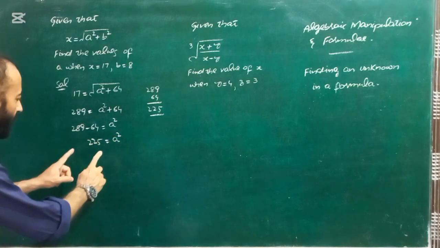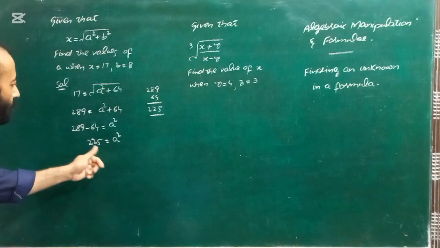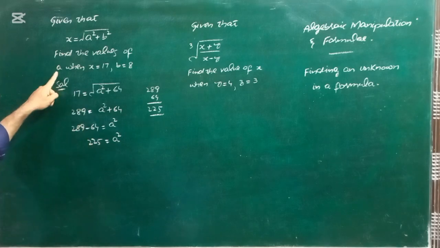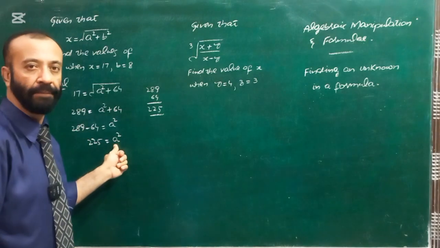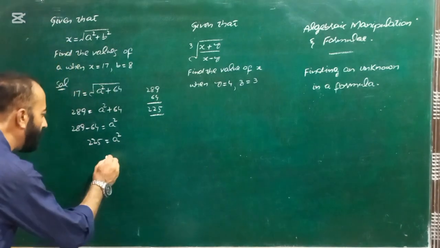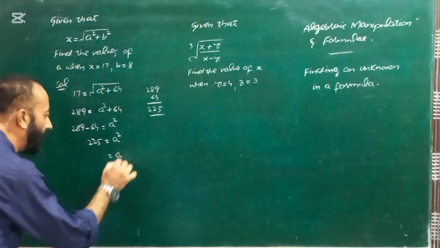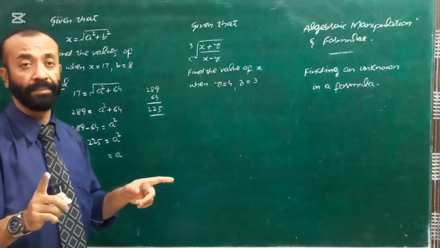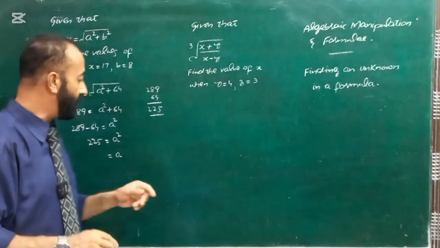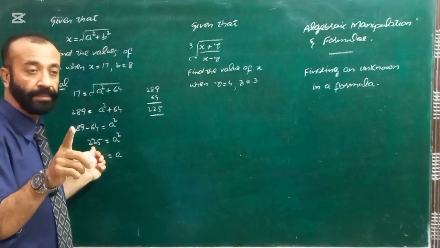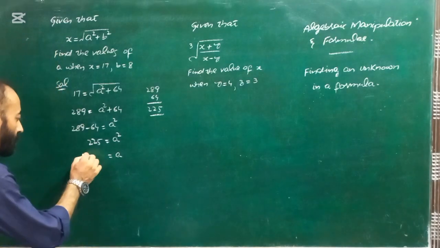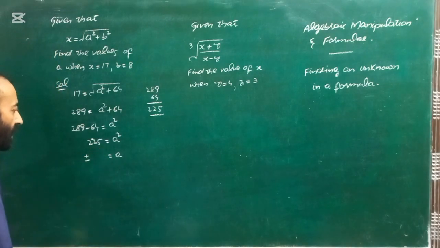So at this step, we will take the square root of both sides, because a is the requirement. So when we take the square root of this a square, it will become a. But remember a very important concept. When we take the square root of a number, we have to put plus minus with it.